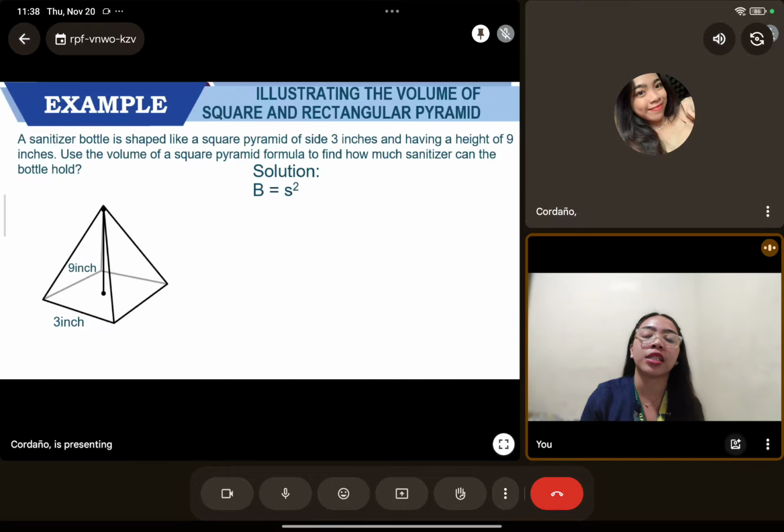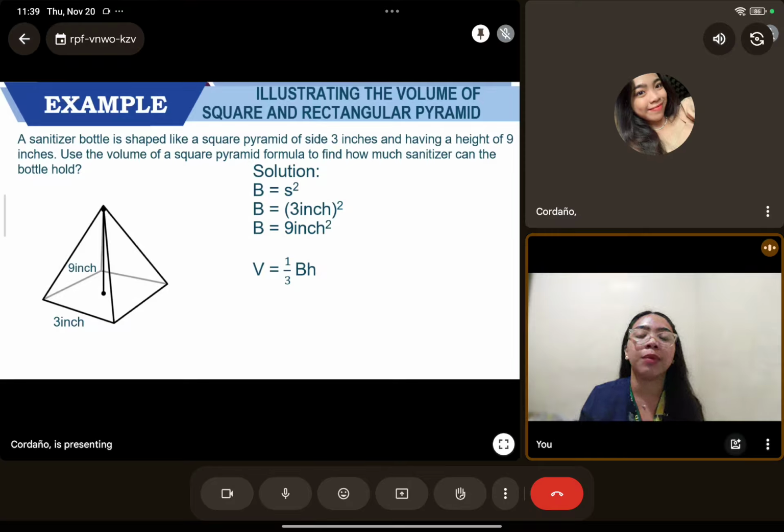So, again, as stated in the problem, square yung pyramid or yung base niya. Thus, you are going to use the S squared formula for the area. So, since given na yung side, we will just change the S into the given measurement, which is 3 inches. So, 3 inches squared is equals to 9 inches squared.